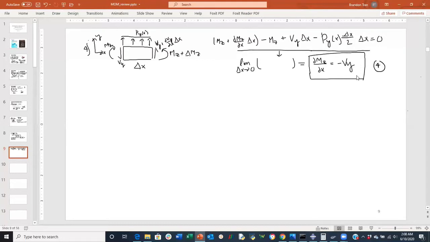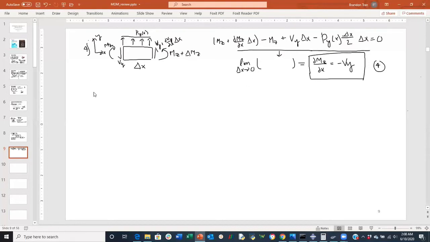So you guys have probably seen this equation before without the subscripts here. The partial of the moment with respect to x is equal to negative of the shear force. So this is consistent with what you've probably seen in mechanics of materials.